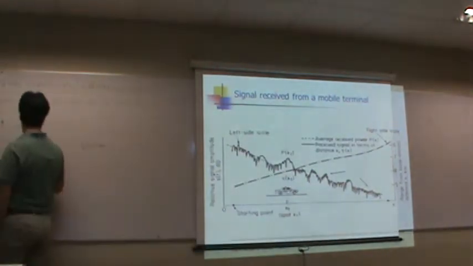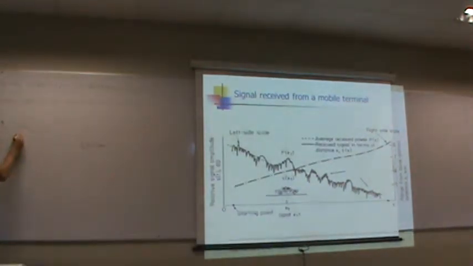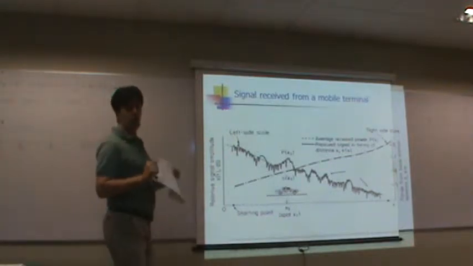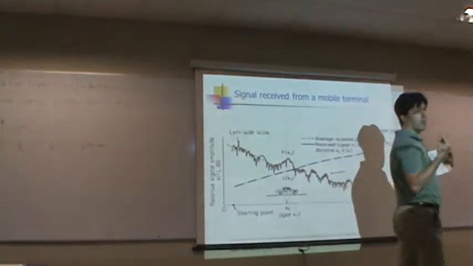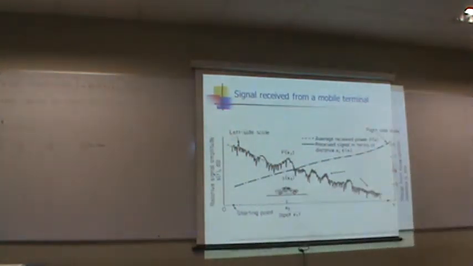So we take 2 points. Let's call this point x1 or p1, point 1, and this is point 2. We want to know how correlated the signals are between those 2 points.